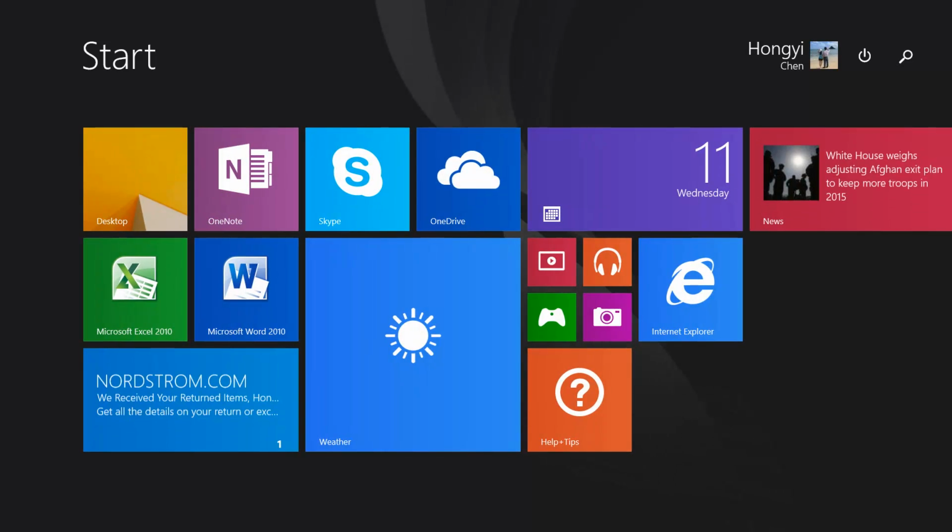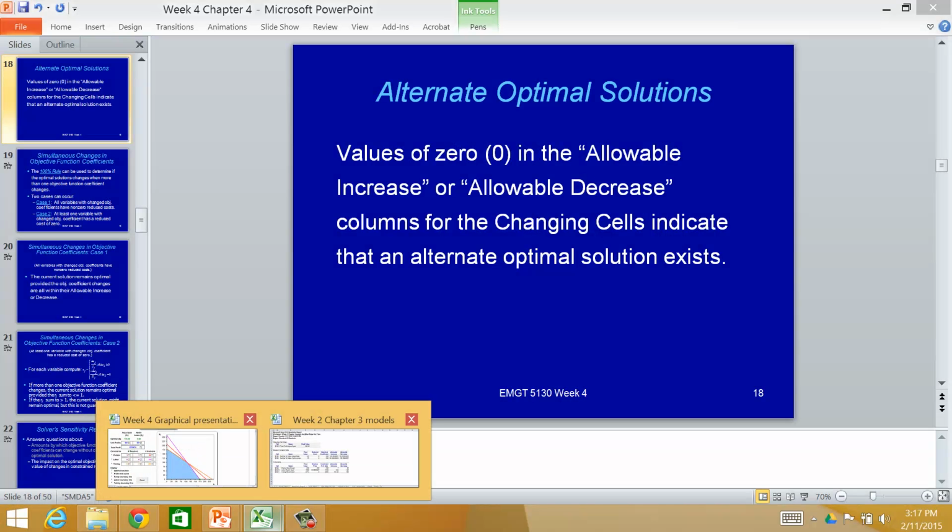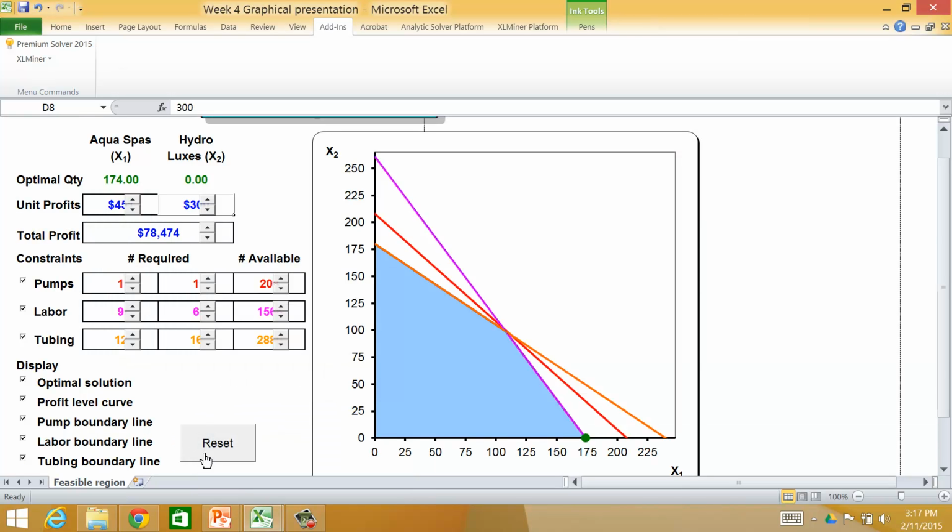Okay, so if you remember, what happened here? 450. So at this point, you have alternatives because all the points on this line are solutions, right? Just 1 unit of change in either direction.